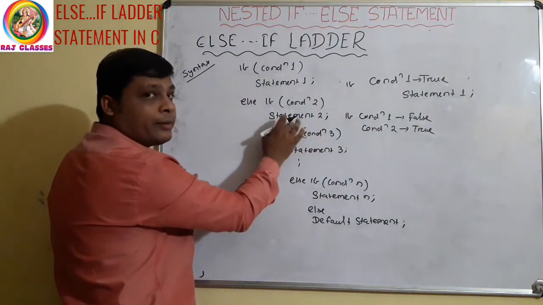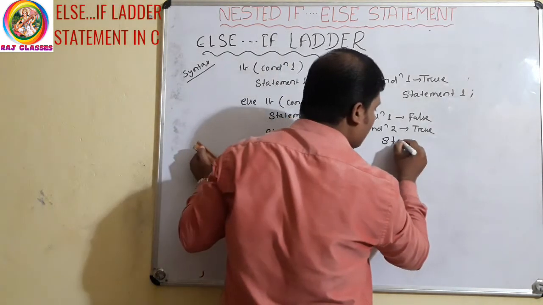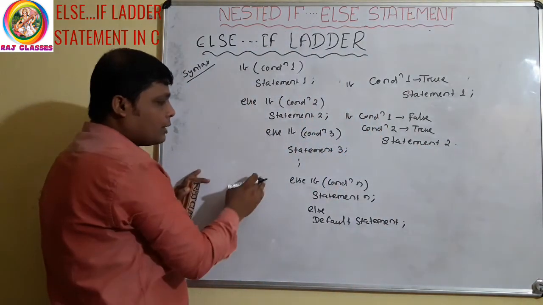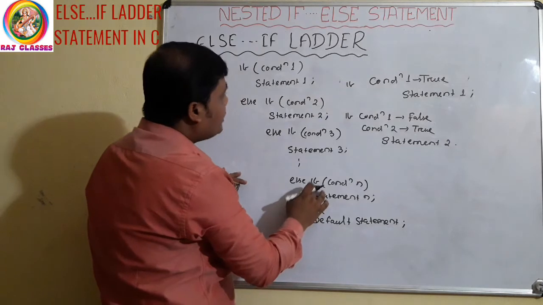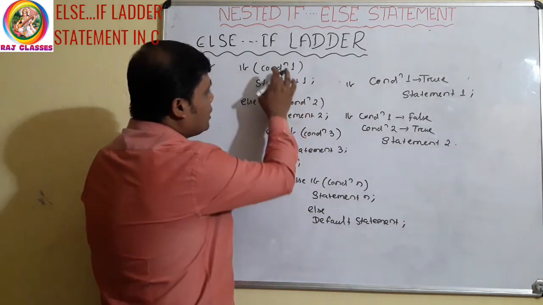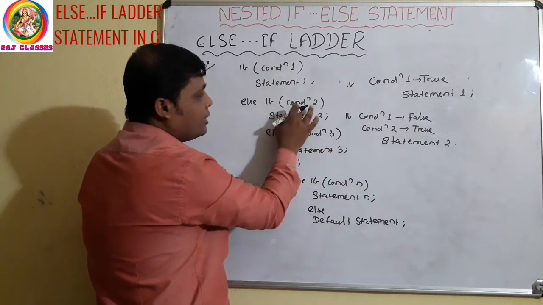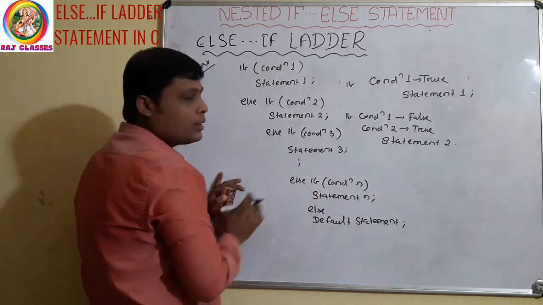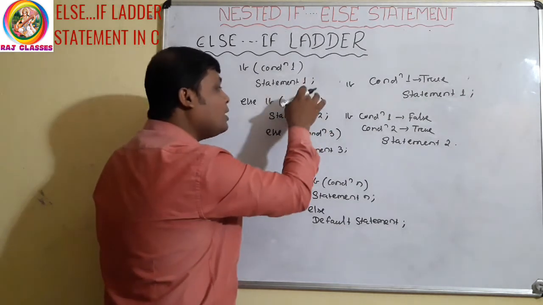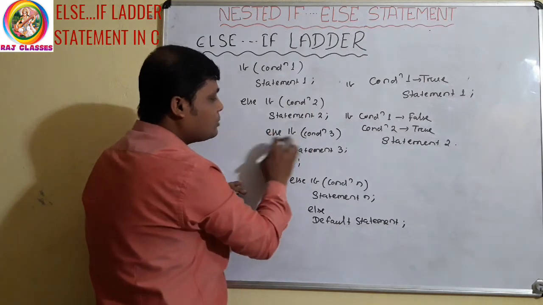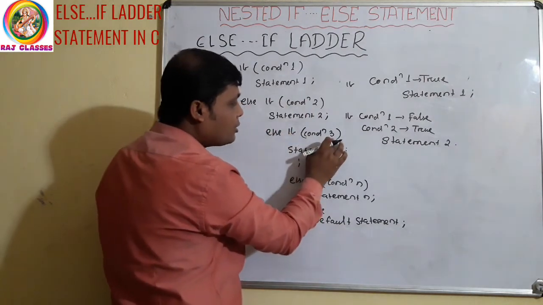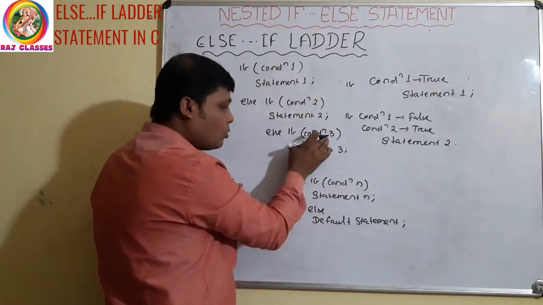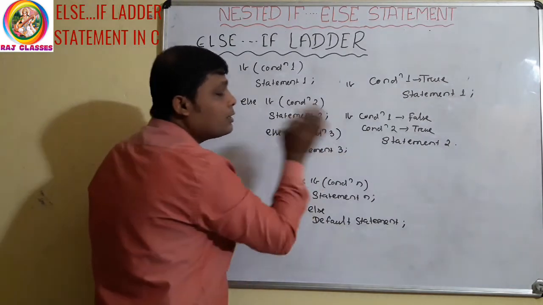It will execute statement 2. Yes or no? Same way, if condition 1 is false and condition 2 is true, it will execute statement 2. If condition 2 is false, it will go to this else part, where it will check condition 3. If condition 3 is true, it will execute statement 3.